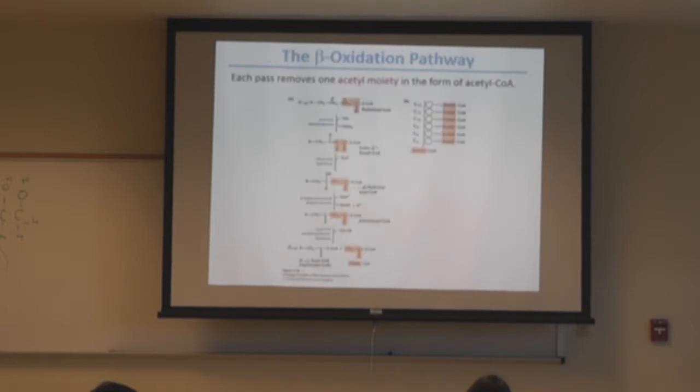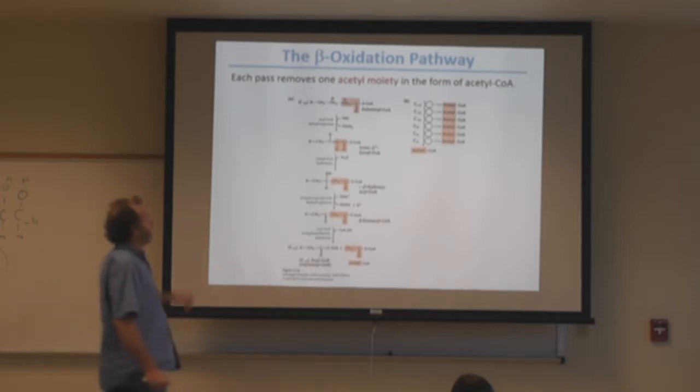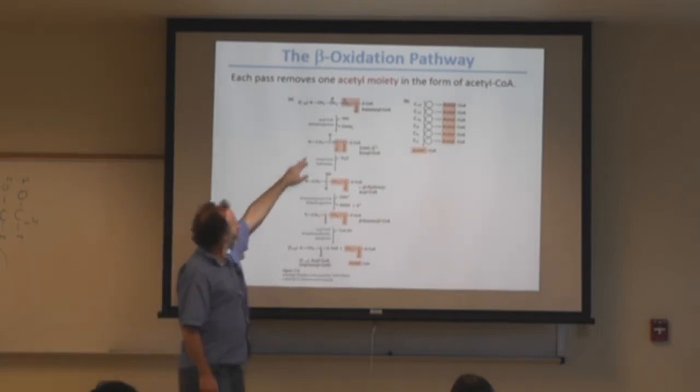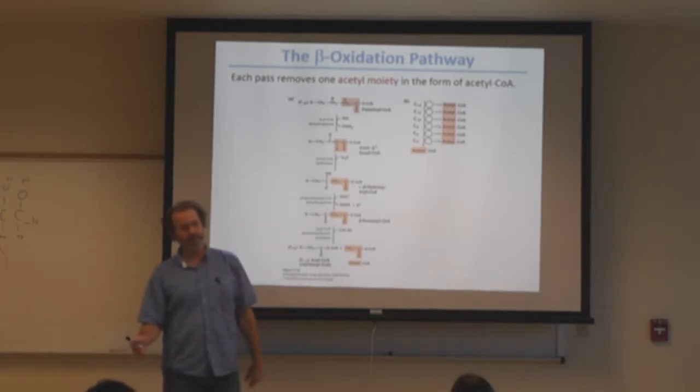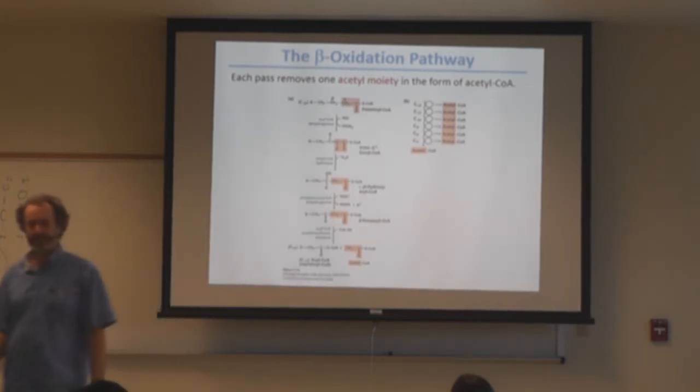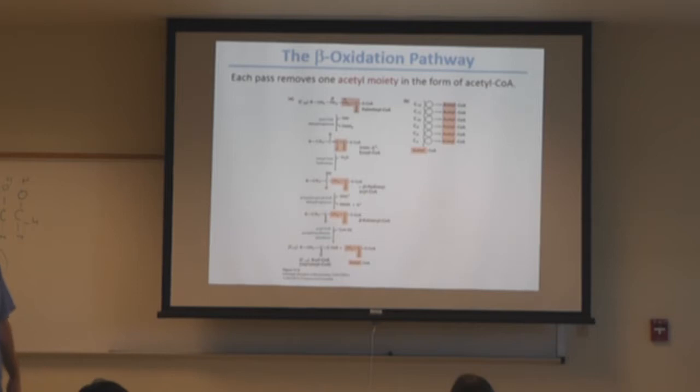So the beta oxidation pathway: each pass removes 1 acetyl moiety in the form of acetyl-CoA. Again, coenzyme A is involved, and it involves basically 4 reactions. Acyl-CoA dehydrogenase. If it's a dehydrogenase, what do you think the first reaction is going to do? It's FAD to FADH2. Yeah, so what's happening to that fat?